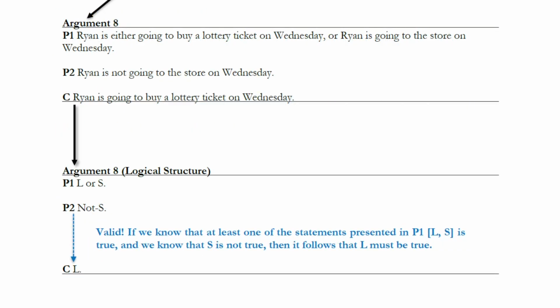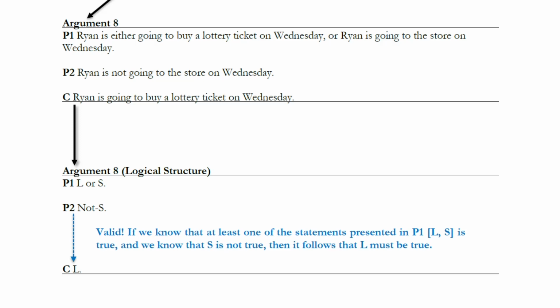Argument 8 reads, Premise 1, Ryan is either going to buy a lottery ticket on Wednesday, or Ryan is going to the store on Wednesday. Premise 2, Ryan is not going to the store on Wednesday. Conclusion, Ryan is going to buy a lottery ticket on Wednesday. This is a valid argument. Just like argument 7, we are presented with two options, L or S. However, unlike argument 7, P2 of argument 8 tells us that one of these options is not true.